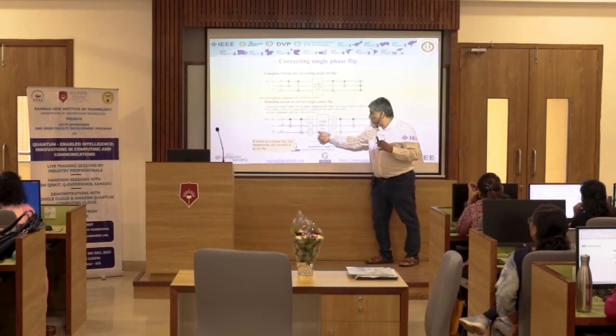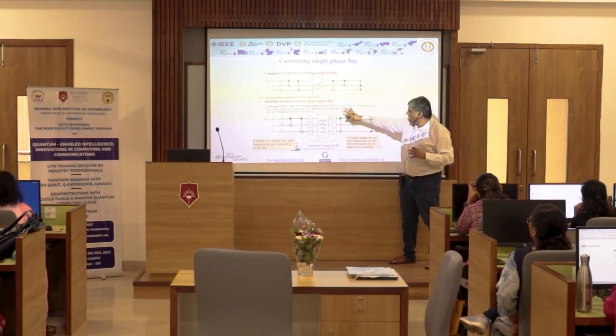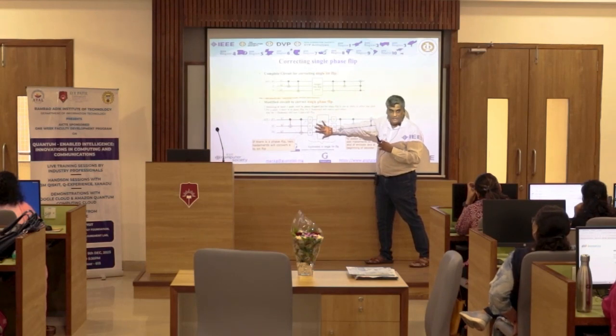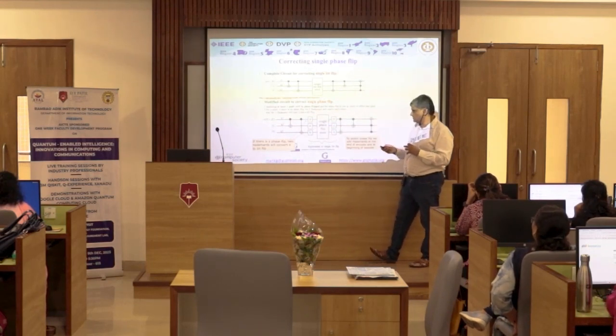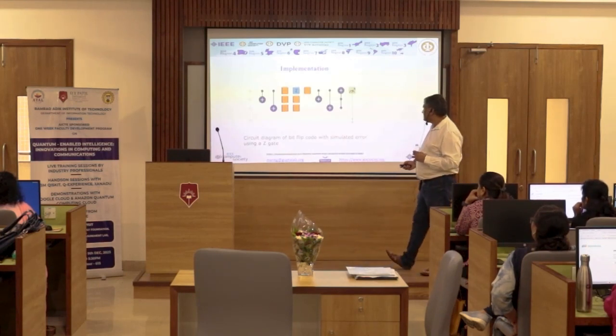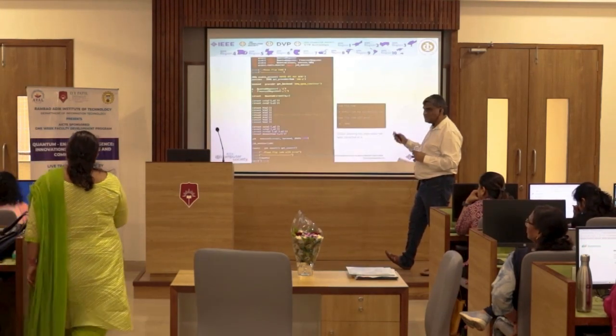The H at the beginning and the end, that is the key thing. The whole thing acts as a single qubit, the phase flip converted to a single bit flip. So basically, this is the implementation for bit flip and phase flip, and we have the code here. I think we can use that.